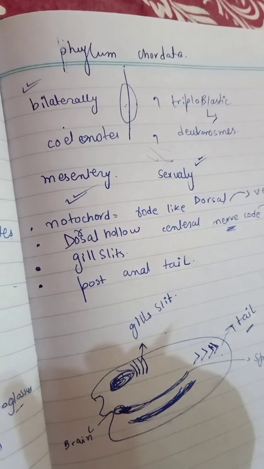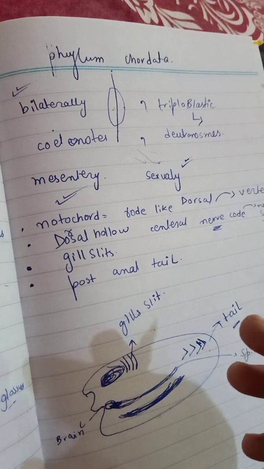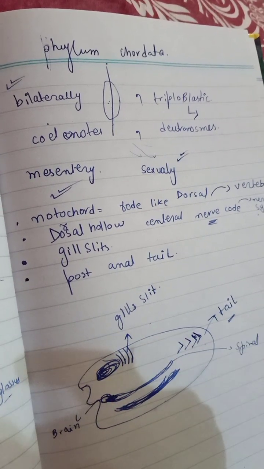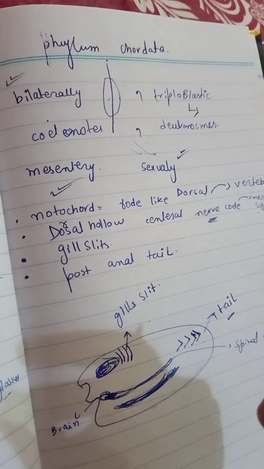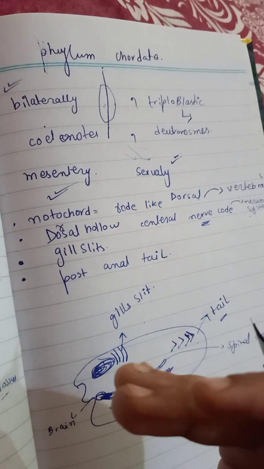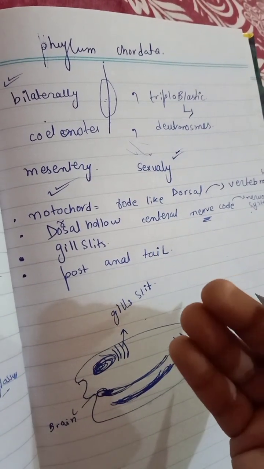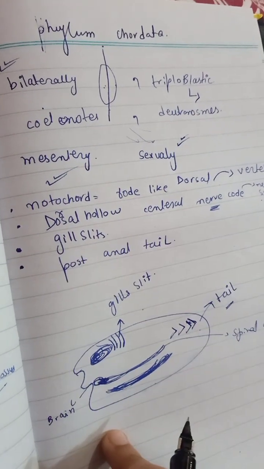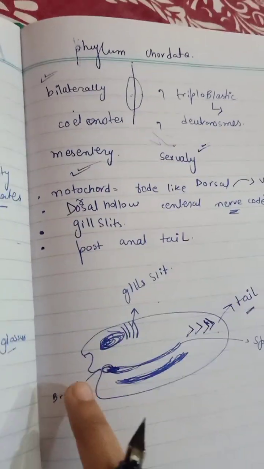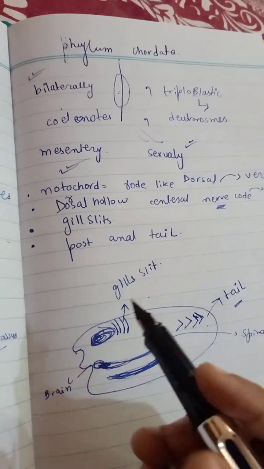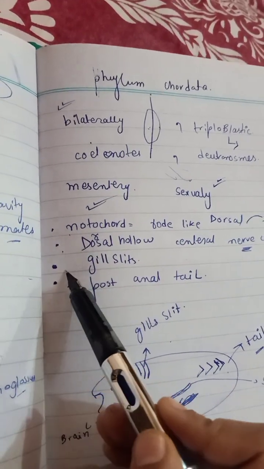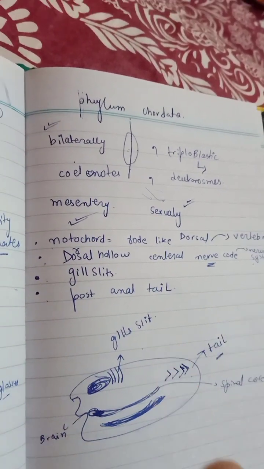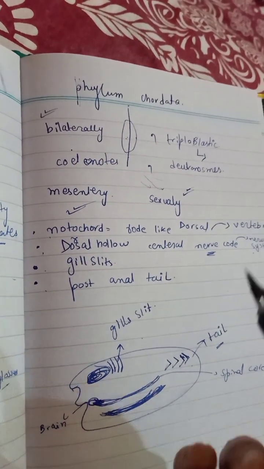In the embryo stage it is the post-anal tail, which is at the posterior side, and in humans it converts into the tailbone. So these were the four basic characteristics of the chordates.